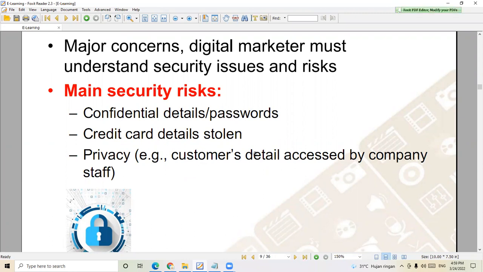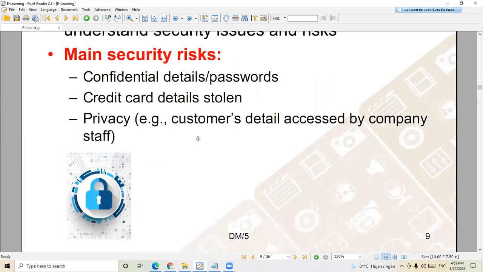The technology that they use, they should consider it's secure, it has good security, and if they are doing it, then there shouldn't be any big issues for the consumers.